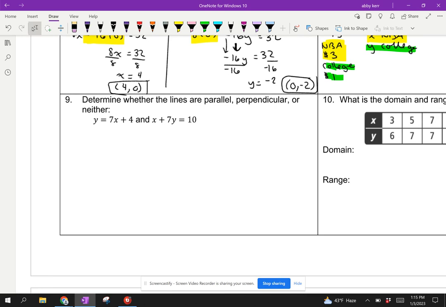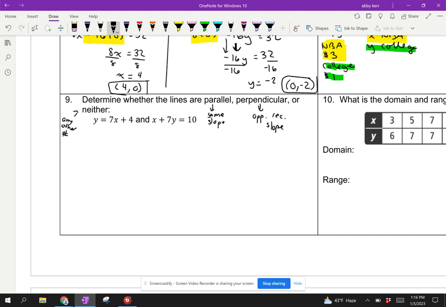Now for parallel lines, they need to have the same slope. For perpendicular, you need to have the opposite reciprocal. And then neither would be anything else other than the same slope or opposite reciprocal.